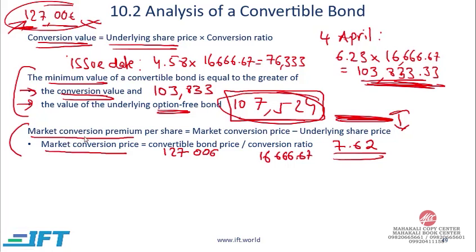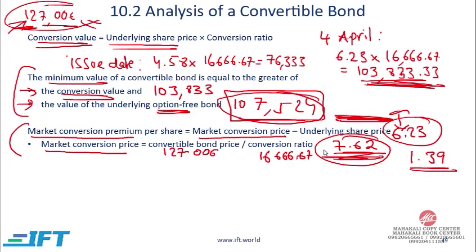The market conversion premium per share then is the market conversion price of 7.62 minus the actual underlying share price, which in our scenario is 6.23. So the market conversion premium would be 7.62 minus 6.23, which is 1.39.